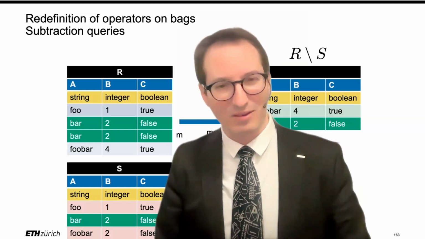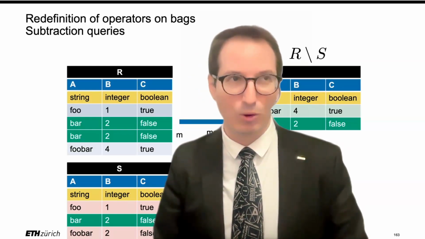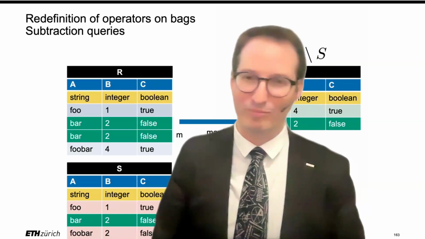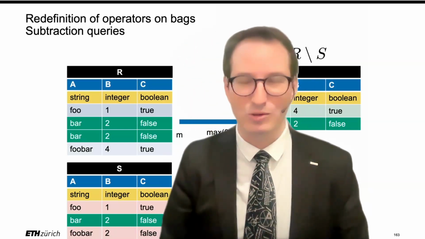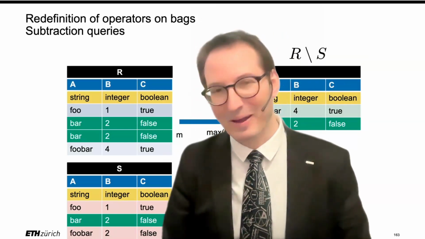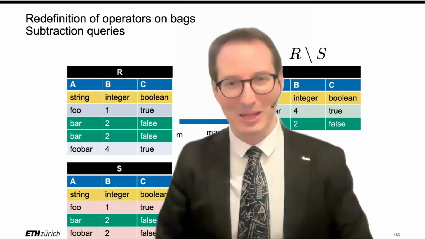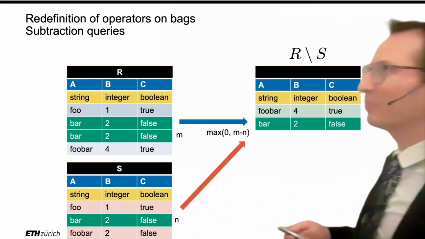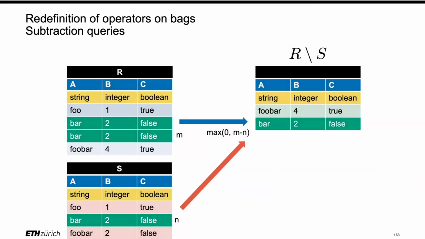So where was I? Yes, all the operators that we first did on sets of maps, and now we are doing them on bags of maps. And we already saw how the union, the intersection, and the subtraction of tables lead to specific behavior. For union, m plus n.